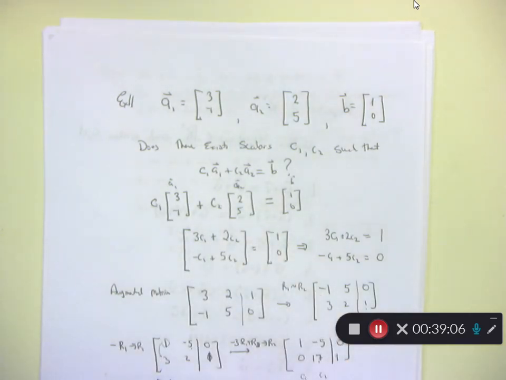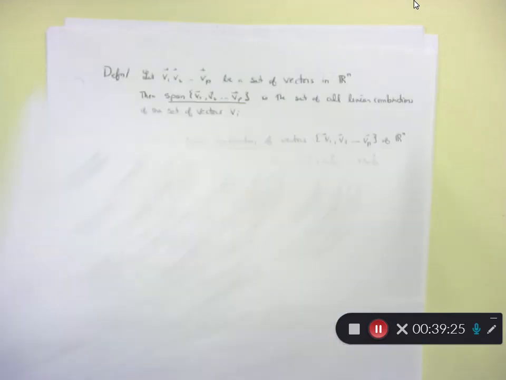Linear combinations and span are very closely connected. For a vector to be in the span, there's going to exist constants that you can plug in front of the vectors, so that the vector is a linear combination of those other vectors. So you get to see this kind of double language here.